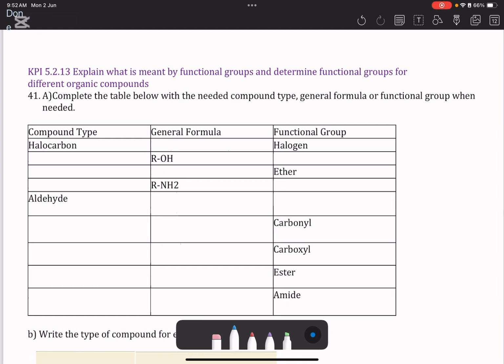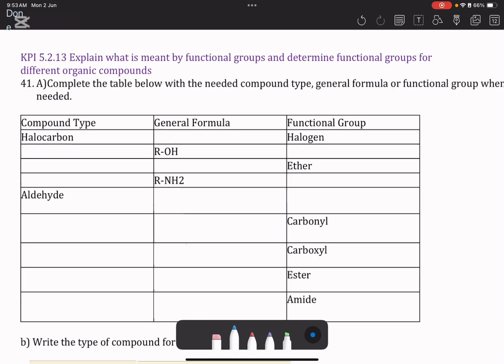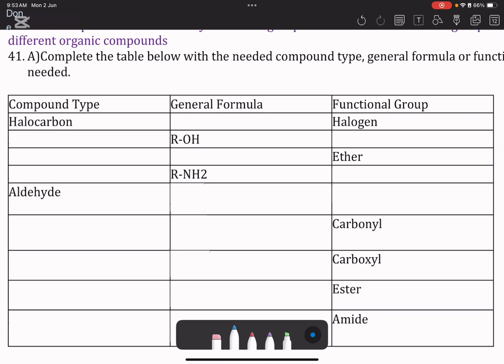Functional groups. You have to remember to memorize these functional groups. It's hard, but with practice you'll get used to them. A halocarbon is a compound containing an element of group 17, a halogen.